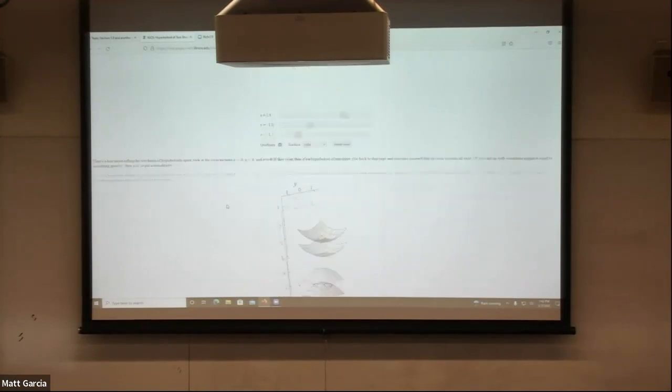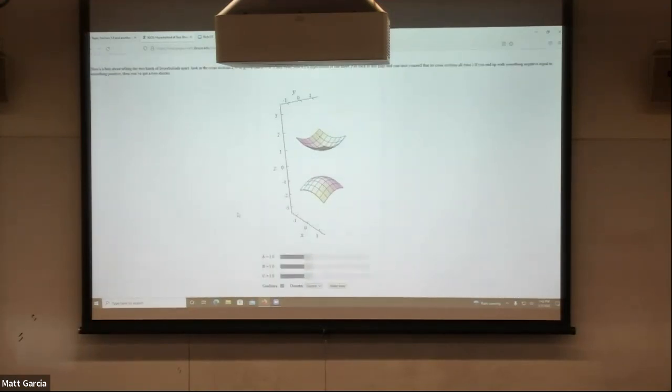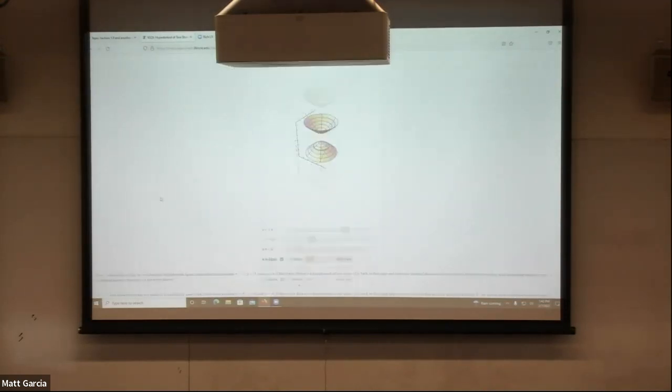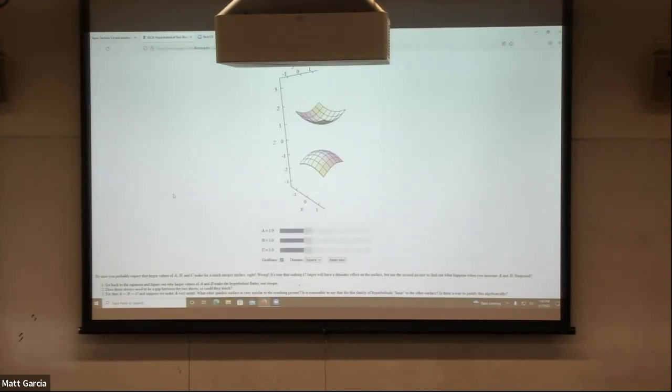Now, if you scroll down a little further, you can see what happens. The top example is when all the coefficients A, B, and C are 1s. What happens if we change A? A, recall, is what we divide negative x squared by. What do we get if we change the value of A?